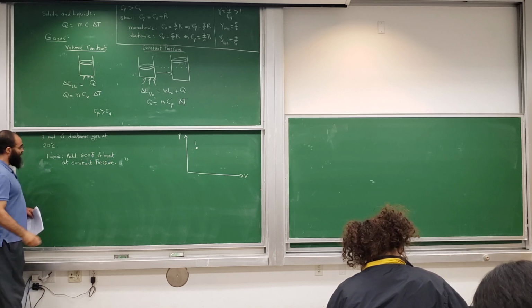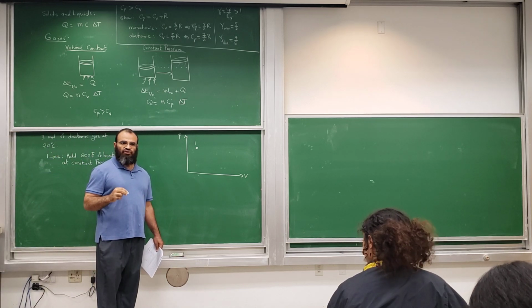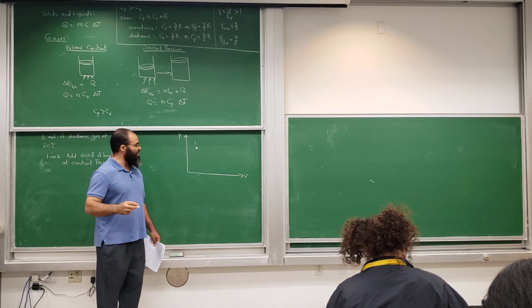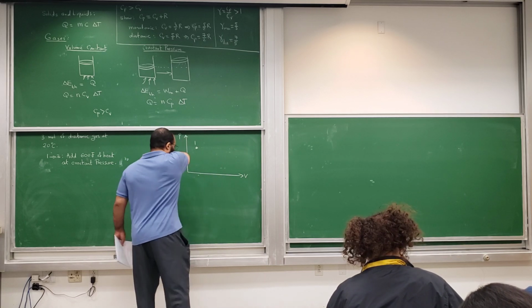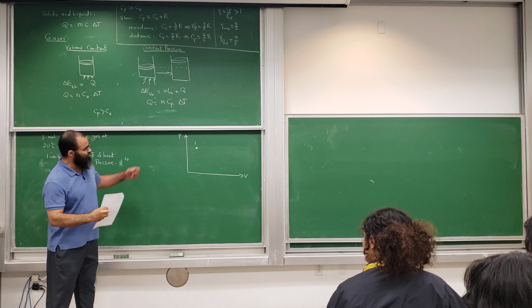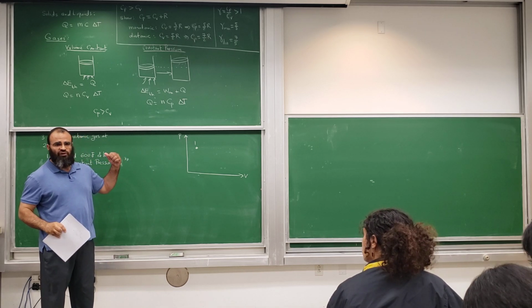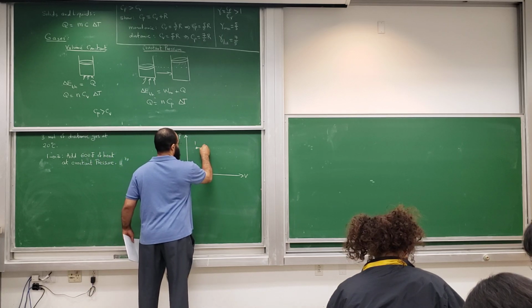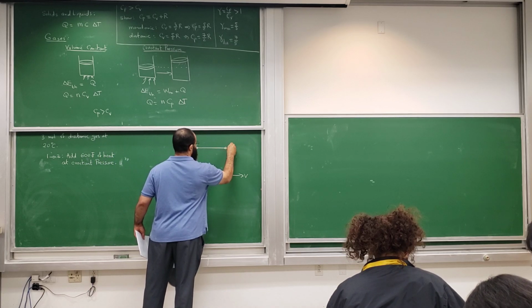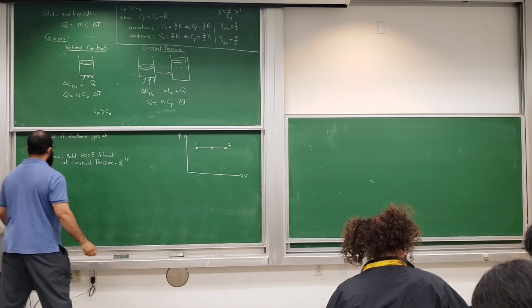We're going to add 600 joules of heat at constant pressure. Constant pressure means we're going to follow a horizontal line. So are we going to go to the right or to the left? We're going to add heat, so we're going to increase the temperature, so it's going to go to the right. So this is 2. And that's from 1 to 2.